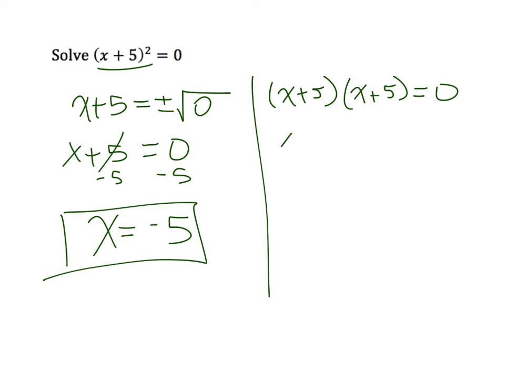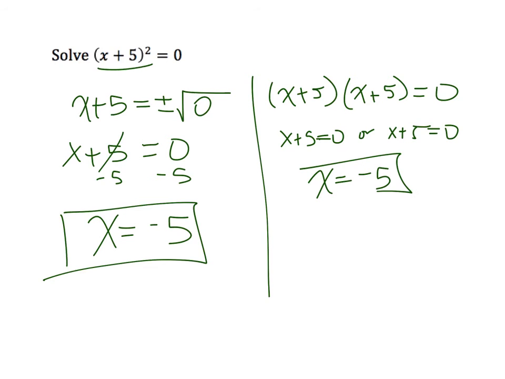So from here, we have x plus 5 is equal to 0, or x plus 5 is equal to 0. It's the same thing. This is going to be the same answer. x is equal to negative 5. It's repeated. We only have to say it once.